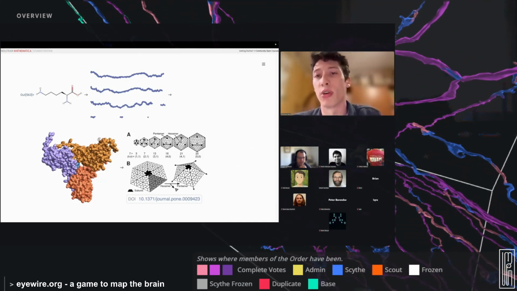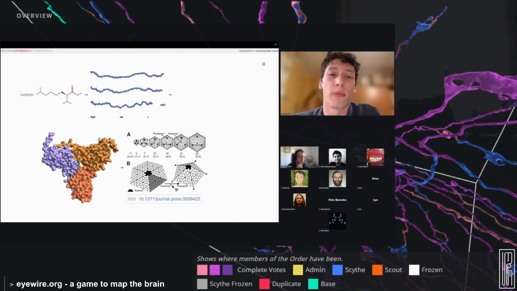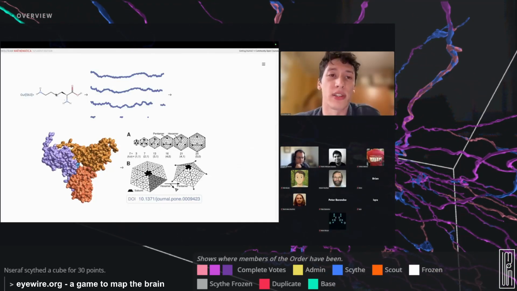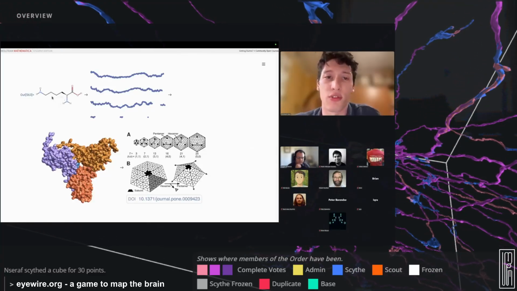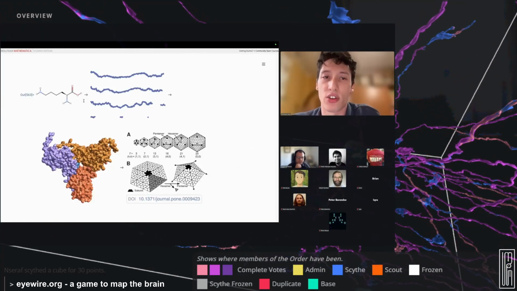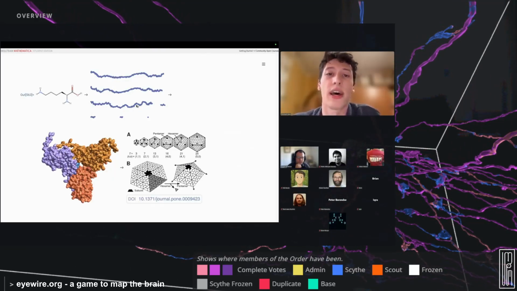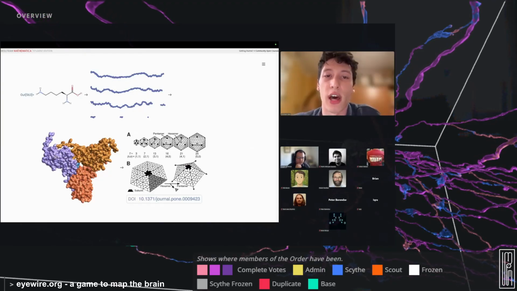So proteins are one of the more fundamental polymers that you'll find in biology, and they are linear chains of amino acids. So at the bottom here we have lysine, which is one of the amino acids. They get chained up into these long chains, and then these chains fold up.